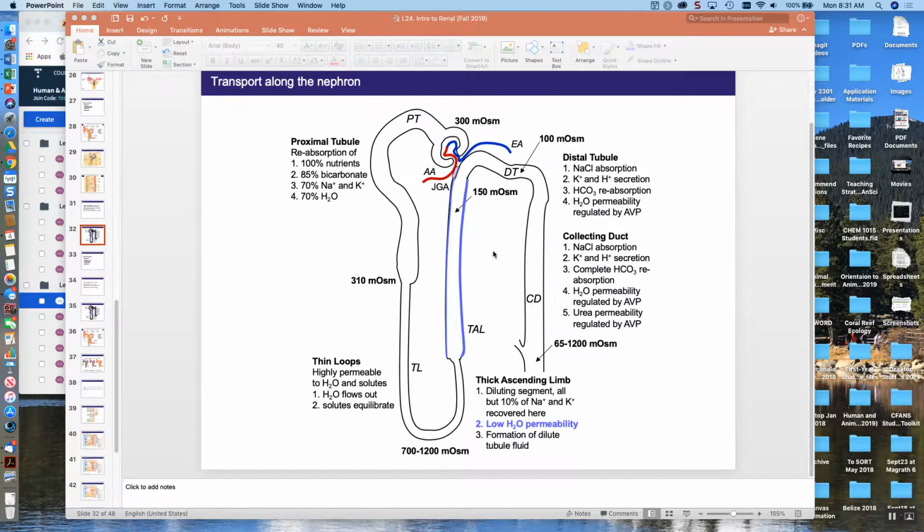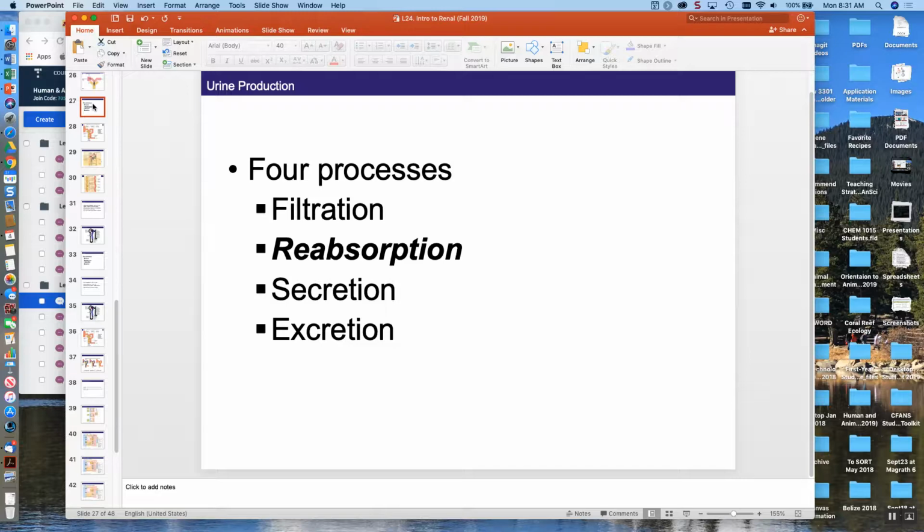All right, so just a review. Last time we talked about the 4 different processes. I'll go back up to this particular slide. We talked about filtration, reabsorption, secretion, and excretion. With filtration, we talked about the glomerulus, and we revisited the net filtration pressure equation.